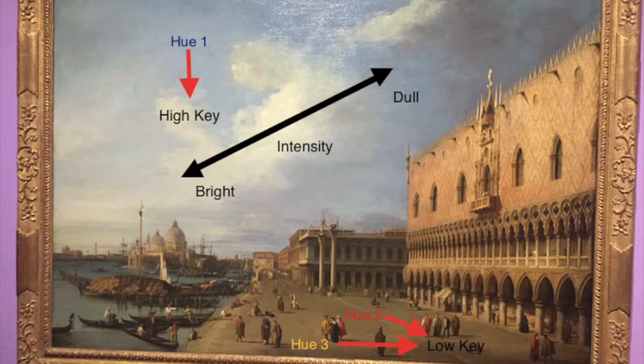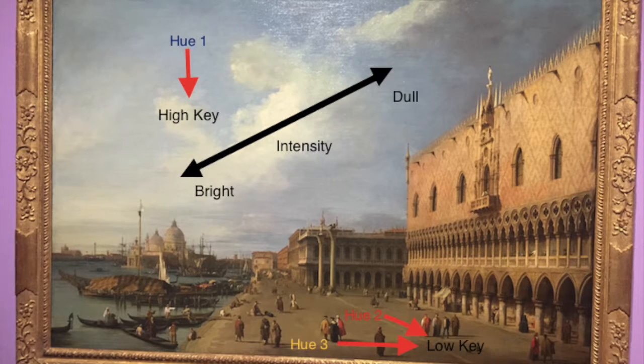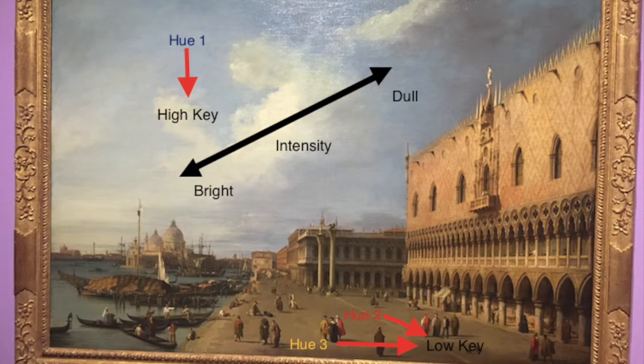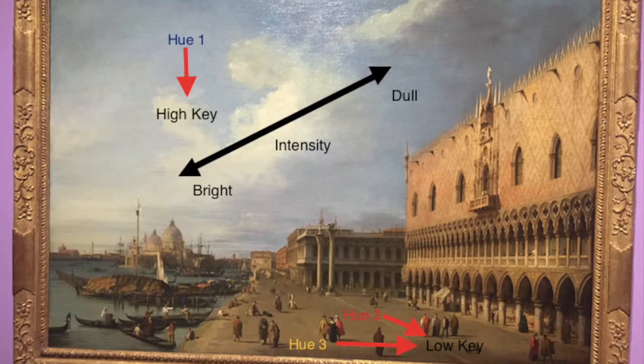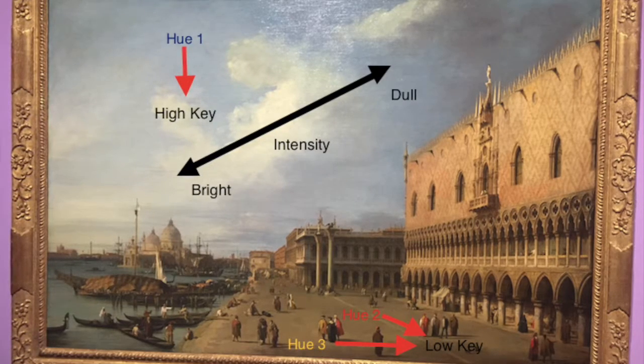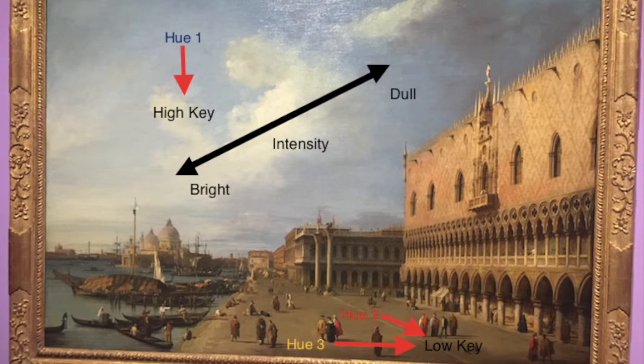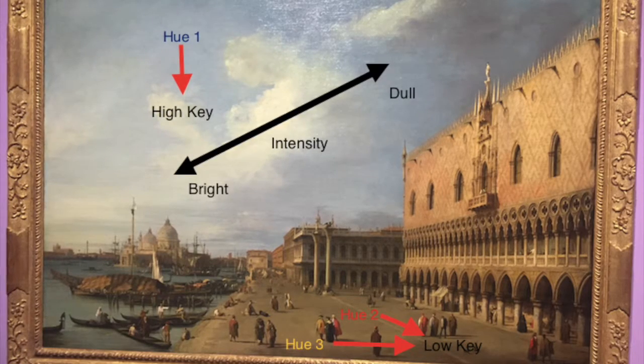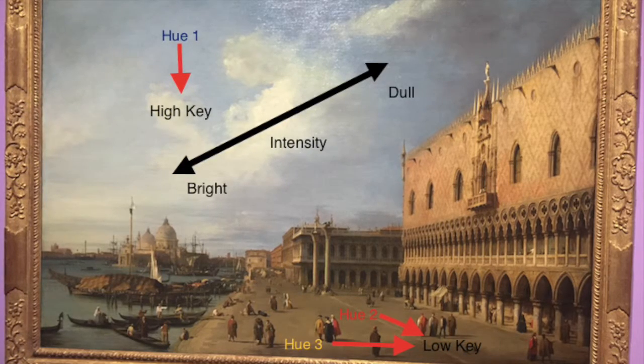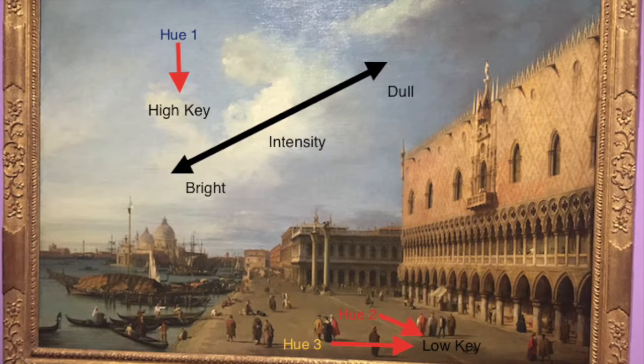Now, under the elements of color, there are three properties. Property number one is hue. In other words, hue is just the color. Now, the colors used in this painting are blue, red, and yellow, although it is mainly blue and there's very little red and yellow. Property number two is value.